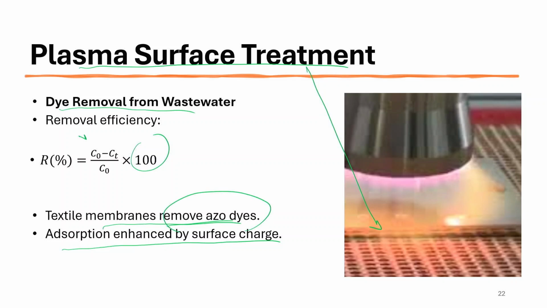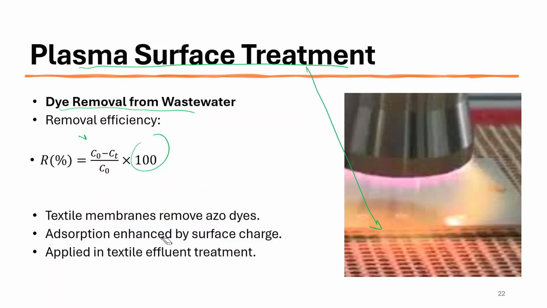So, adsorption increases by the plasma treatment. For textile effluent treatment where azo dyes are used, we can use this type of material.